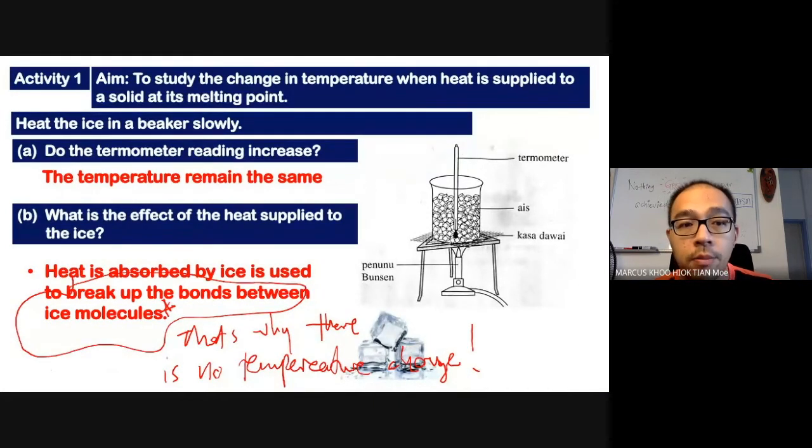Okay, because now the heat is being used to break the bonds between the molecules. Remember in specific heat capacity I said when there is a temperature change it involves the kinetic energy of the molecules.